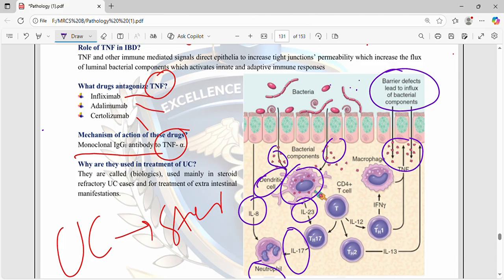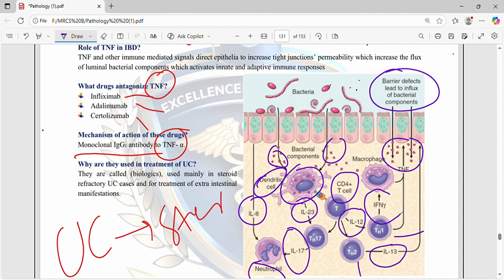Also the CD4 T cells activate the T helper 17 and they will release interleukin 17. The CD4 T cells also secrete interleukin 12, and also activate the T helper 2 cells as well. So they will secrete interleukin 13, and interleukin 12 will activate the T helper 1 and T helper 2.